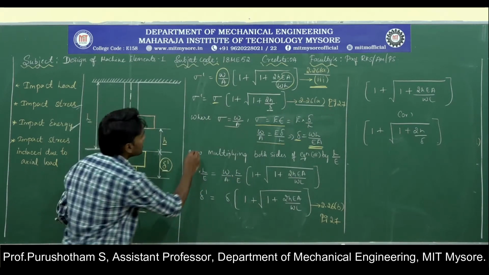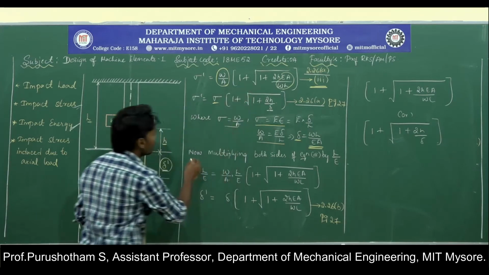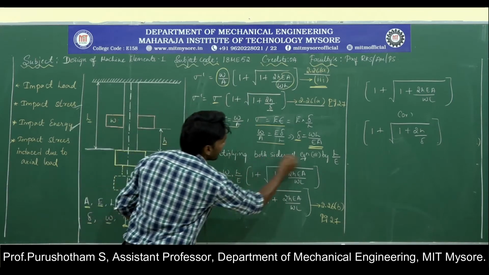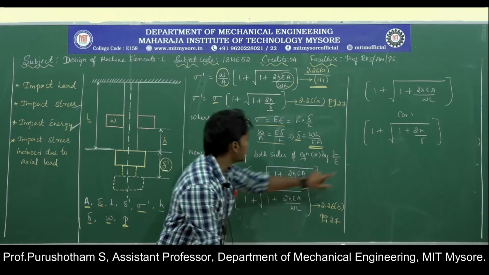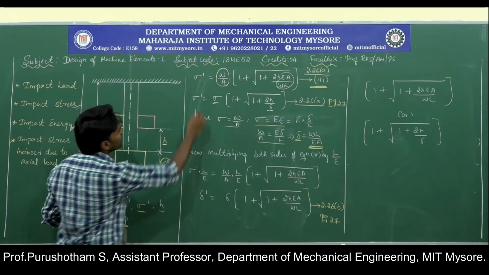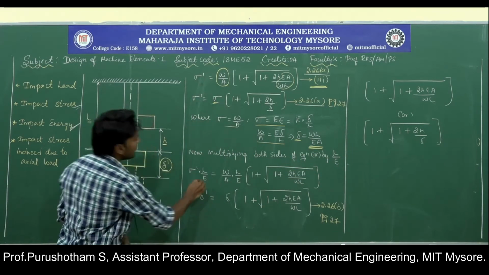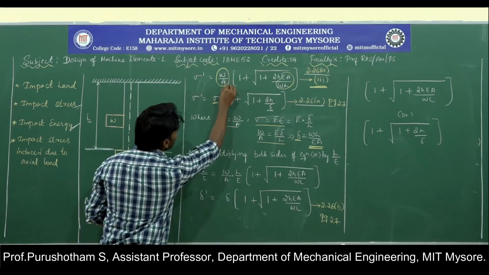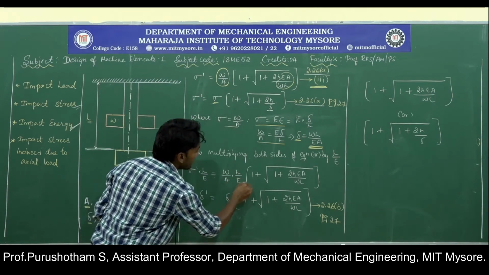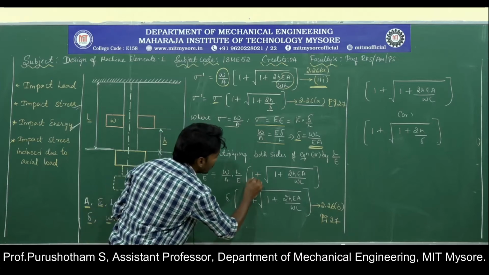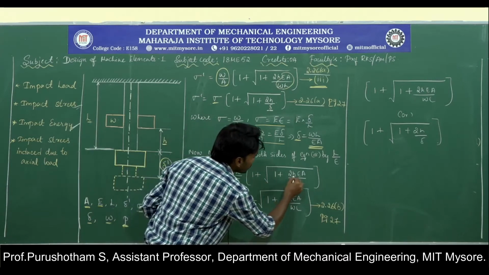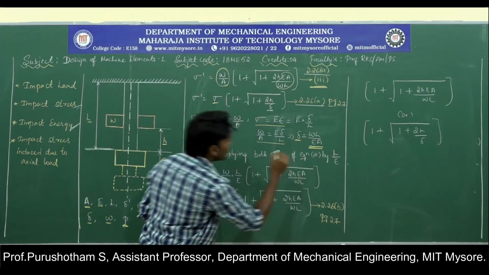Next, for equation number 3, I am going to multiply both sides by L by E. So sigma dash into L by E is equal to W by A into L by E into 1 plus square root of 1 plus 2H EA by WL.